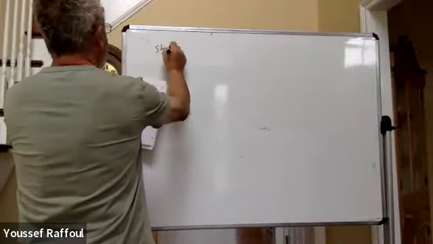You see how the sequence is shifted? This is a_{n-1}, and this is a_n. So you just shifted to the right. It's like a graph, but you shift the points.